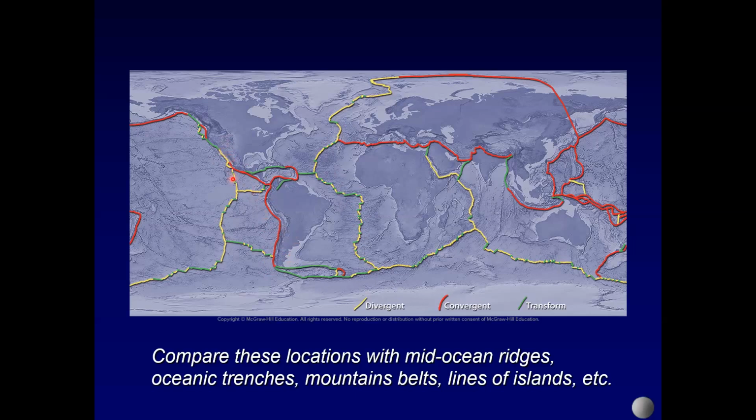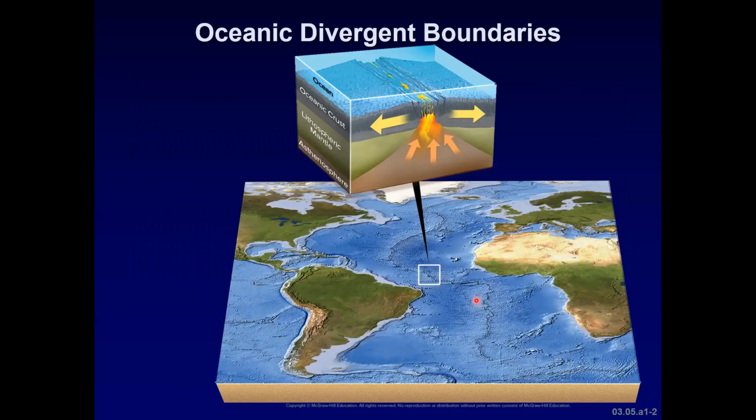We have a divergent boundary here along Mexico and a transform boundary in the western United States. Nothing on the East Coast, right? Nothing in this part of South America. Convergence all throughout this area. And then a transform boundary here. So we're noting that.